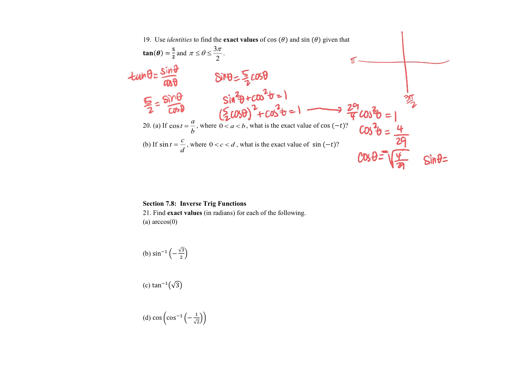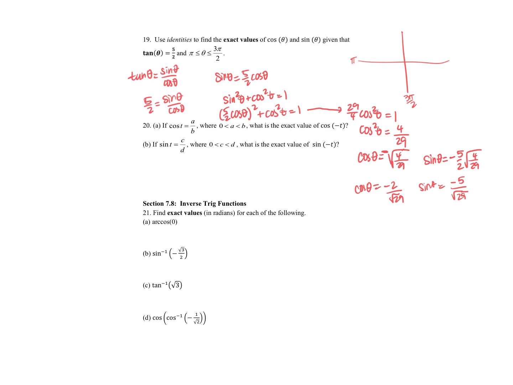So it should be negative 5 halves, square root of 4 over 29. So that reduces to negative 5 over square root of 29. And this reduces to negative 2 over square root of 29. So there's my sine and cosine values.